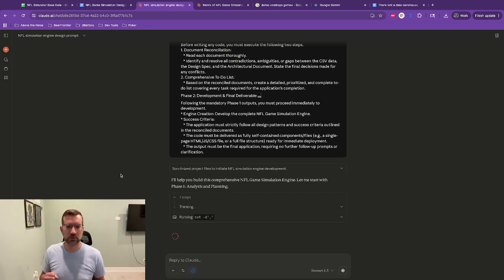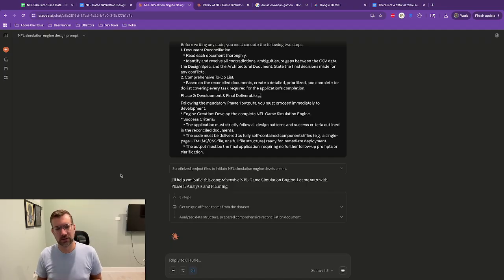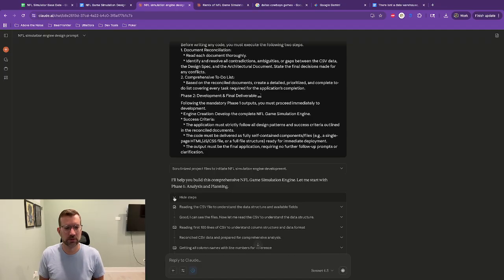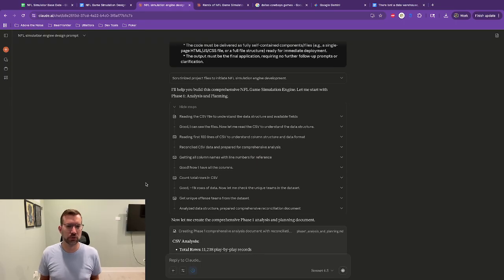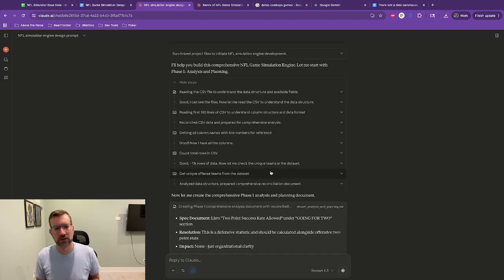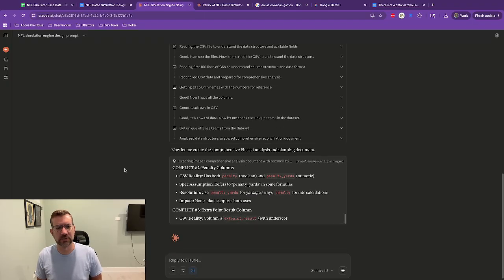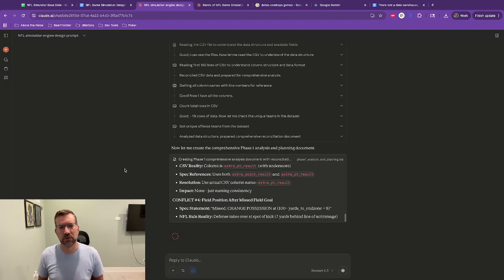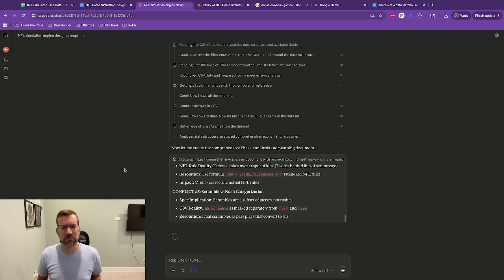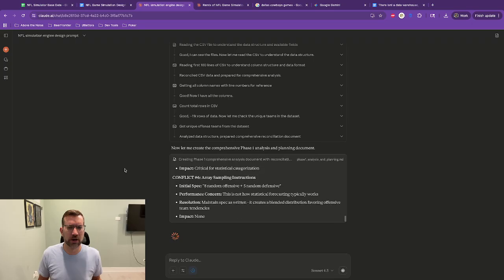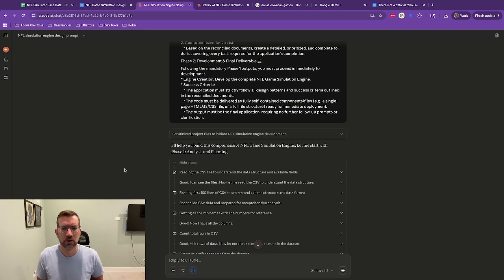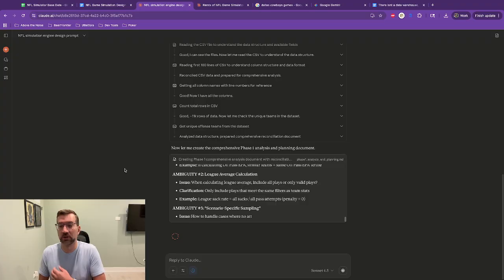All right. It has completed 8 steps. It read the CSV. Cool. It read the first 100 lines. Awesome. Got all the columns. Counted some rows. Got unique offensive teams. It analyzed some things. Now it's creating an analysis and planning document. Why? Whatever, as long as it's going to use it.